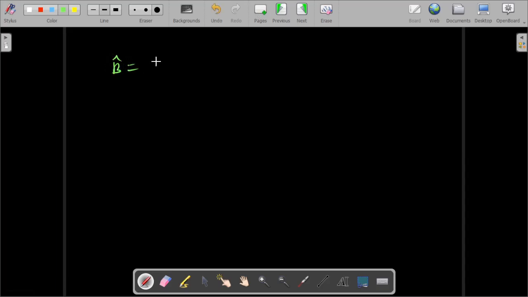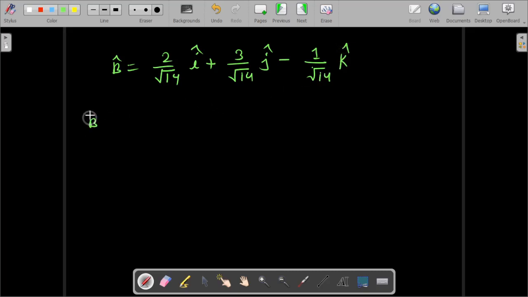We have got 2 by root of 14 i cap plus 3 by root of 14 j cap minus 1 by root of 14 k cap. Find out the value of this unit vector. Now simply take the square root.